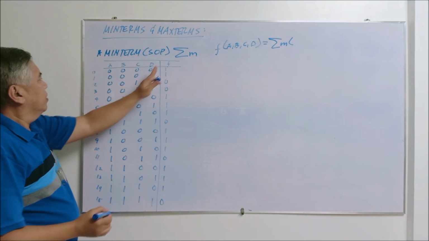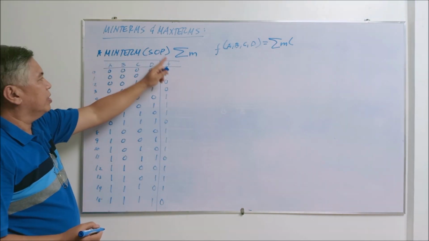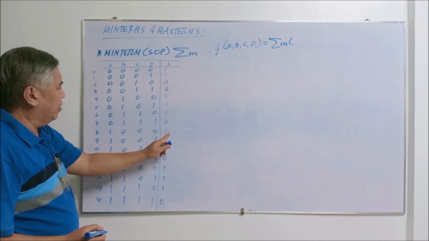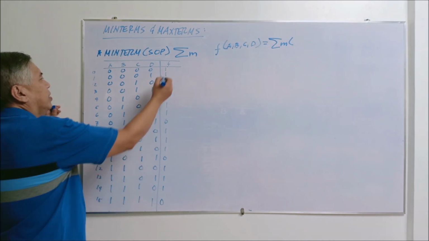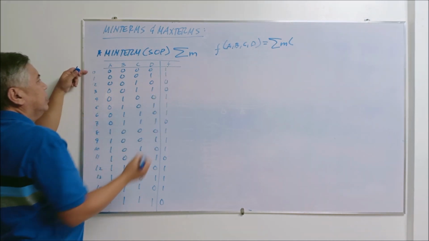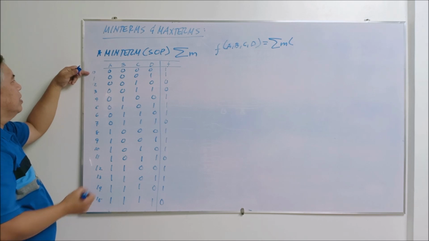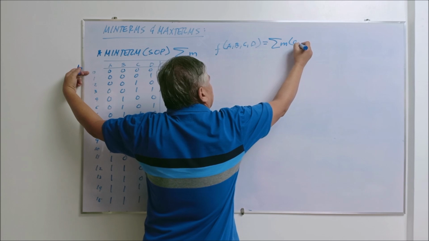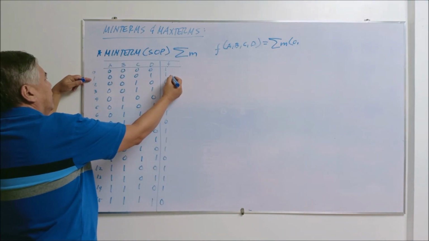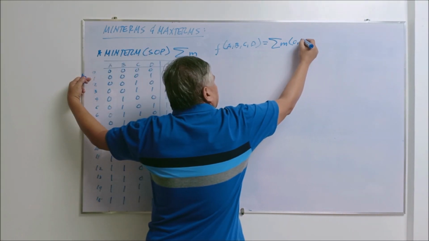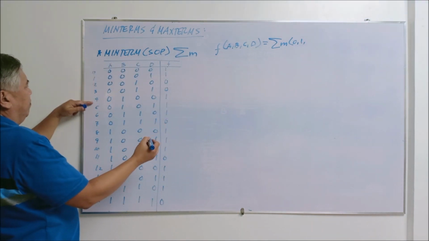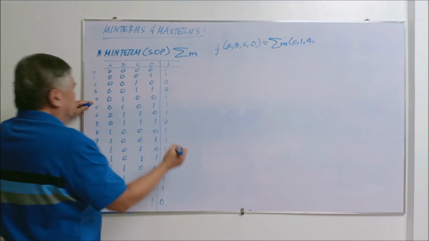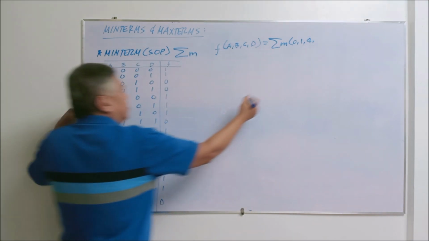Since this is a sum of product expression, we consider the output with a value of 1. So we have f is 1, and in the decimal equivalent, that is 0, then you have 1, then you have 4. These are the Minterms. Then you have 5.